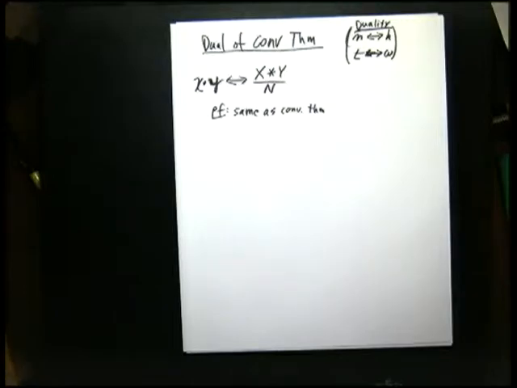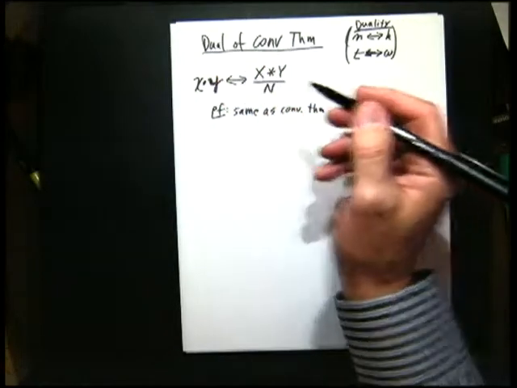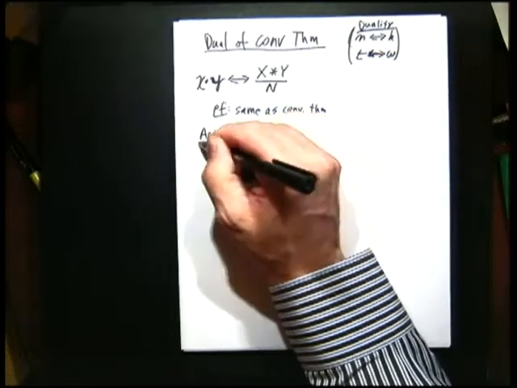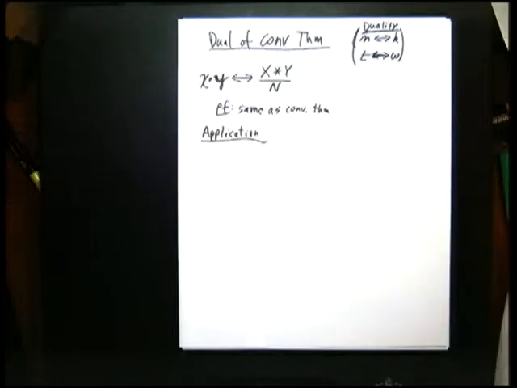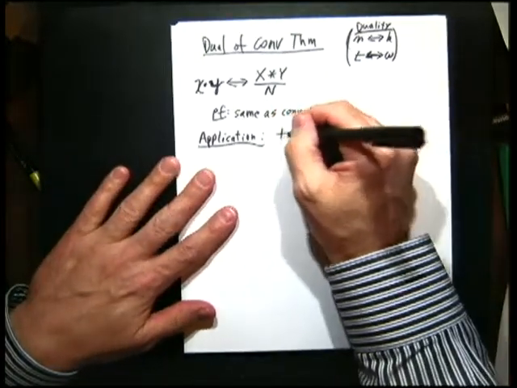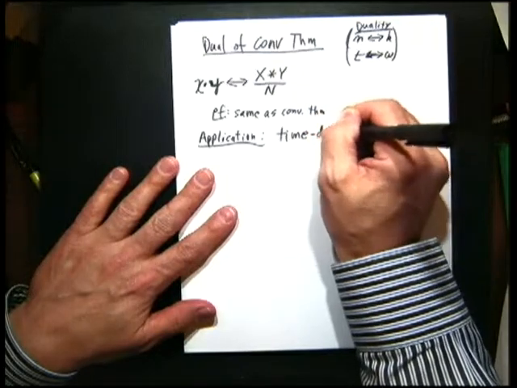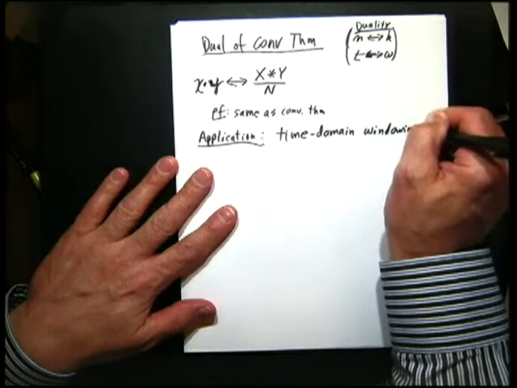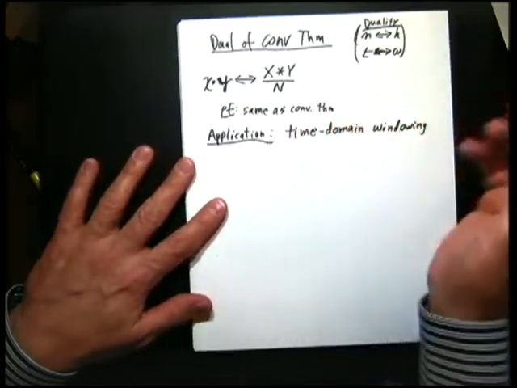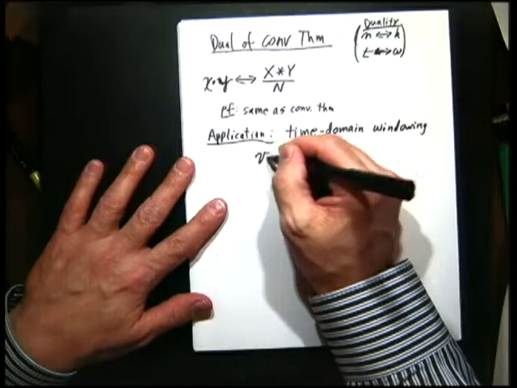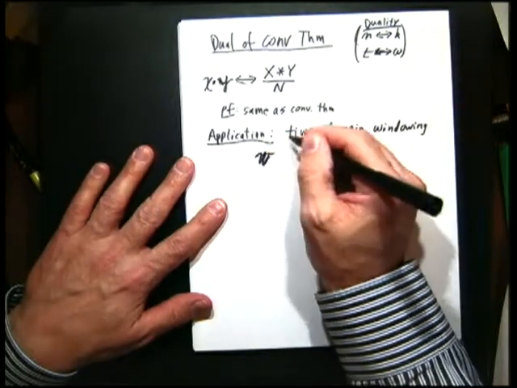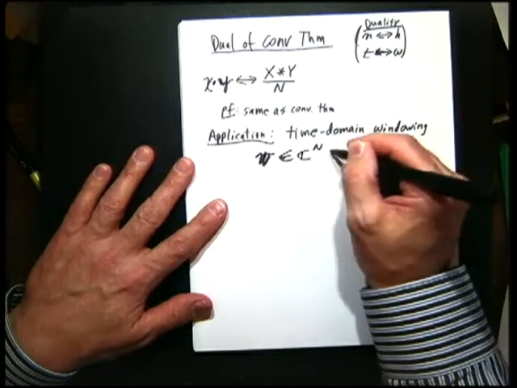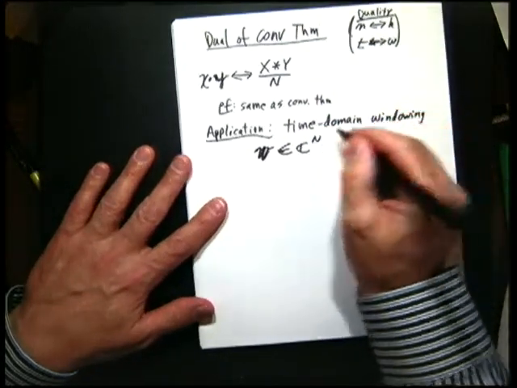Now, another nice thing to point out here is that this helps us understand windowing. So, time domain windowing. Normally we say, let W equal, first of all, it's in C^N, but really we'll always use R^N.